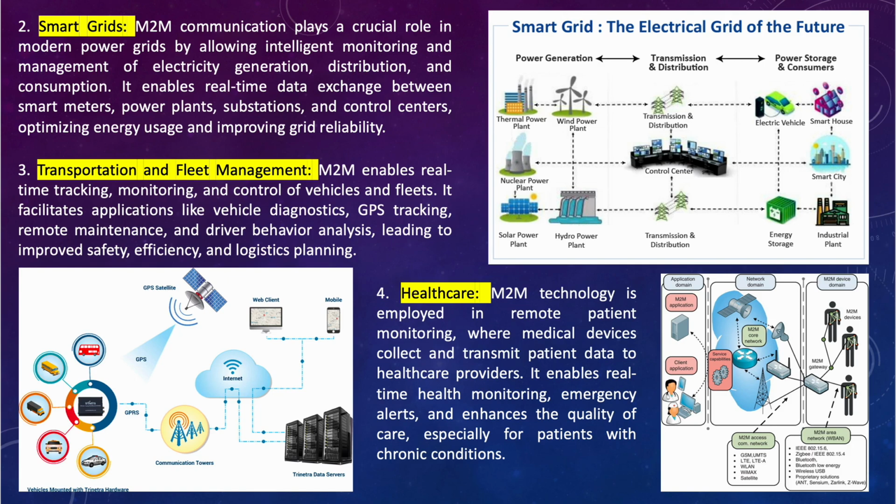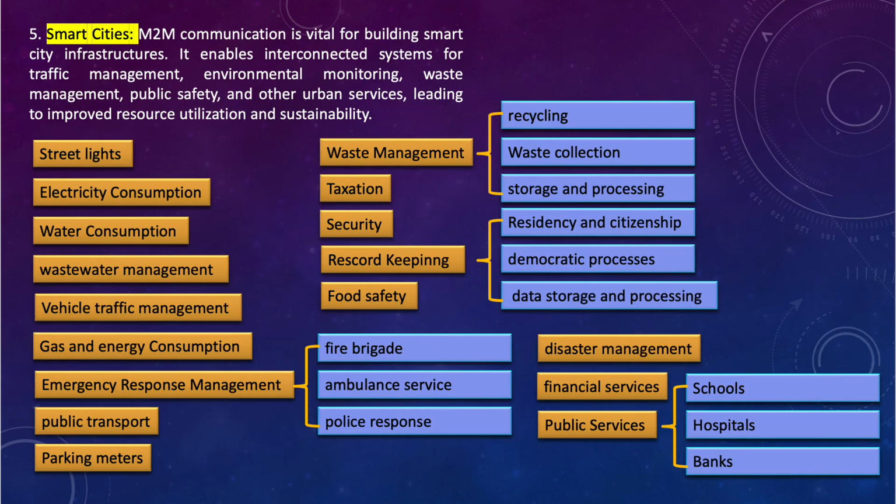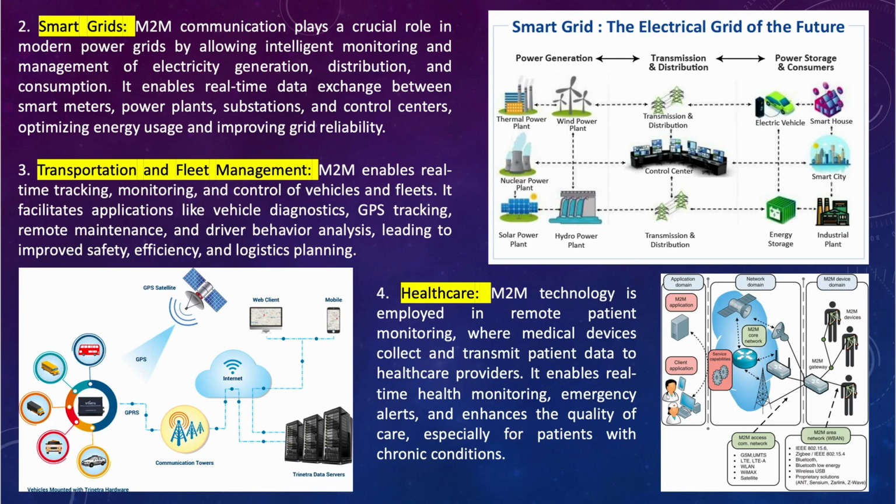I would continue the lesson going forward. But okay, let's talk about smart grids, and we will stop from here, and then we will continue for the rest of the topics next time, right?